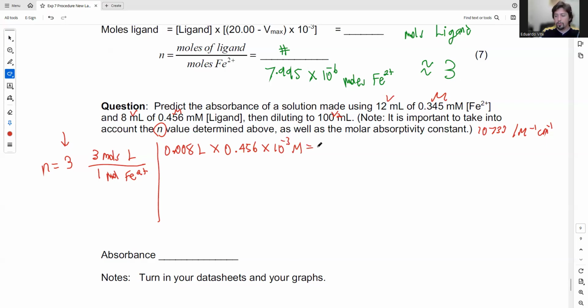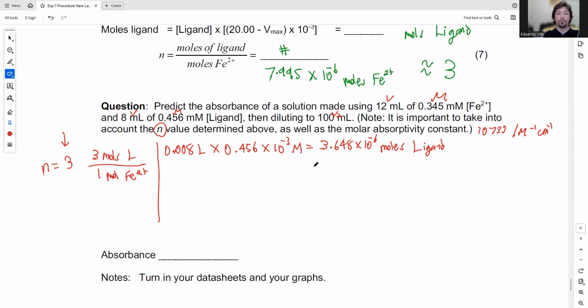That is going to equal, let me do my calculation, 3.648 times 10 to the minus 6. And this is going to be moles. Okay, so this is how many moles of ligand I actually have. Okay, this came from the equation up here.